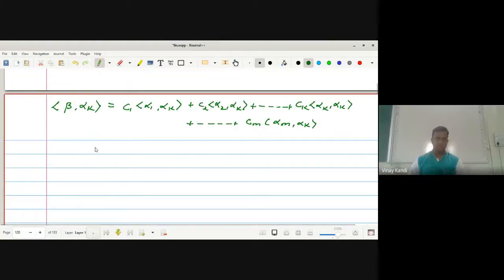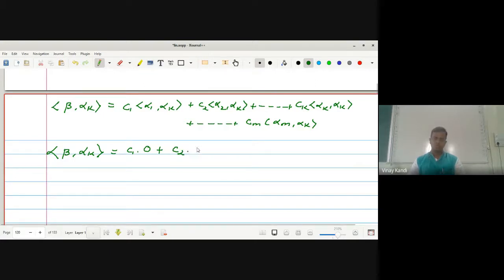Now the inner product of beta with alpha k is equal to C1 into 0. Why? Because the set S is an orthogonal set. That means the inner product of any two distinct vectors is 0.